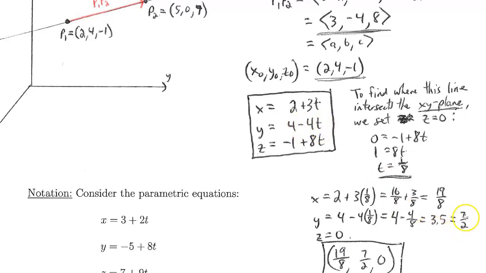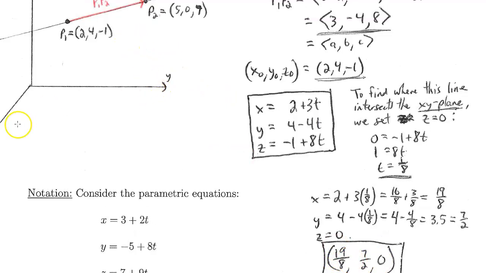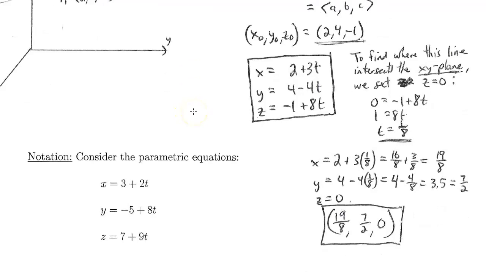That's 3.5, or 7/2. And then the z, of course, ends up being 0. You don't even have to plug in the 1/8. We already know the z is going to be 0. But if you did plug in the 1/8, you'd see you have -1 plus 8 times 1/8, that's -1 plus 1, which is 0. So this point here is the point where our line crosses through the xy plane.